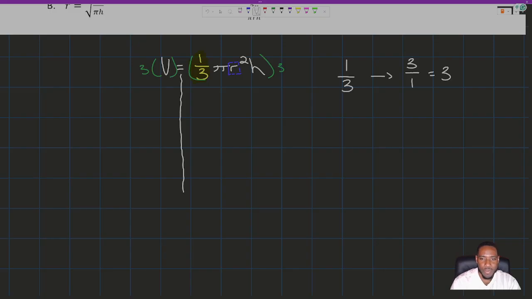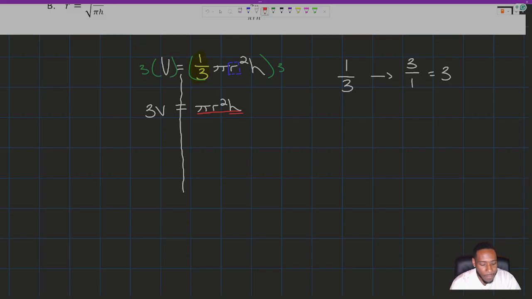Now 3 times the 1/3, like we said, cancels out. So we're left with pi r squared h. Over here on the left, we've got 3 times v, which is just 3v. Now we're going to look at the pi and the h, because those are being multiplied to the r squared. And if we're trying to get r by itself, we have to handle those first. If they're being multiplied, then the best way to handle them is to divide.